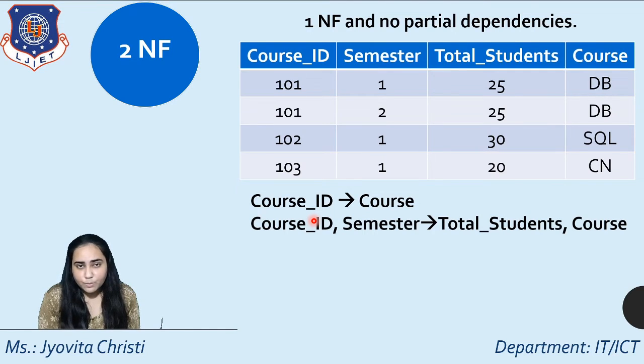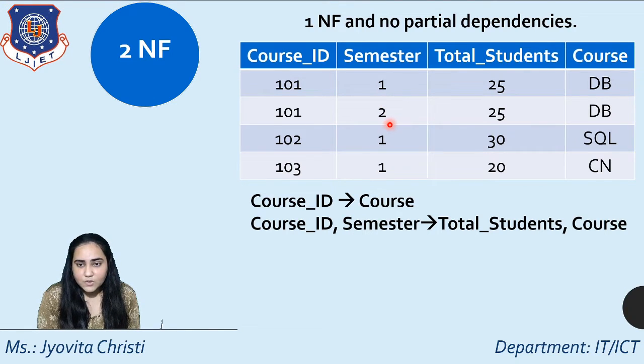So this would be a primary key. And a primary key always determines everything else in the table. So course ID and semester would determine total number of students and the course, because those are the only two columns left from this particular table.